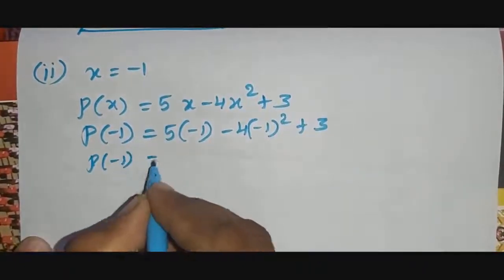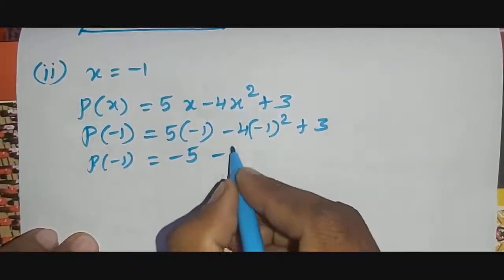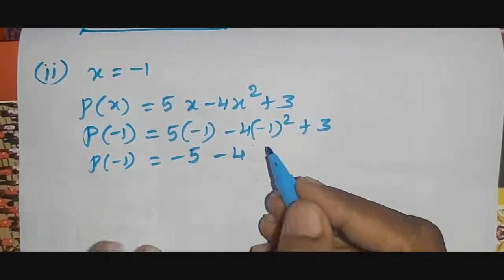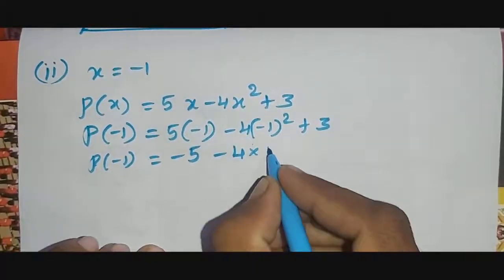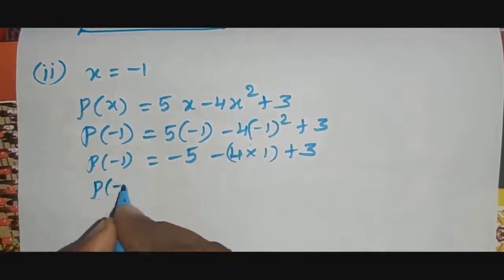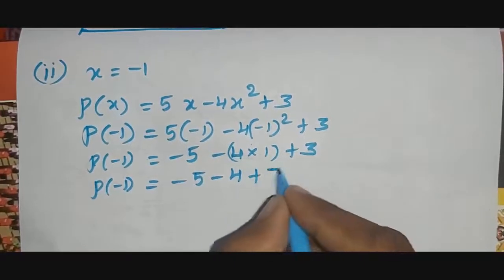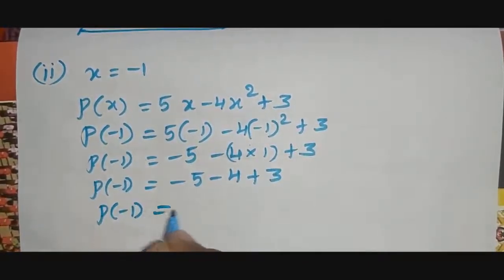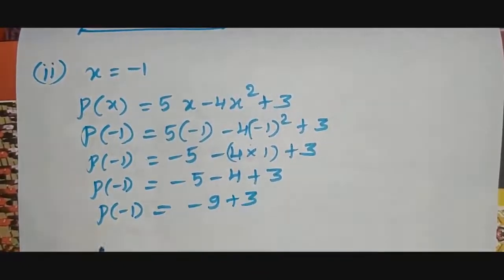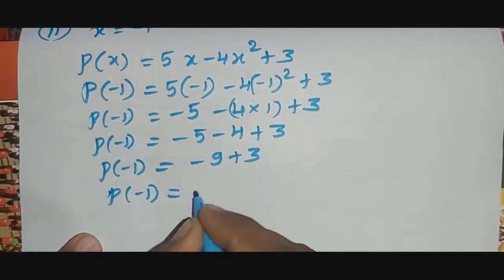That is minus 1 into 5, which is minus 5, minus 4 into minus 1 whole square, and the square of minus 1 is 1, plus 3. So p of minus 1 is minus 5 minus 4 plus 3, that is minus 9 plus 3, which is equal to minus 6.